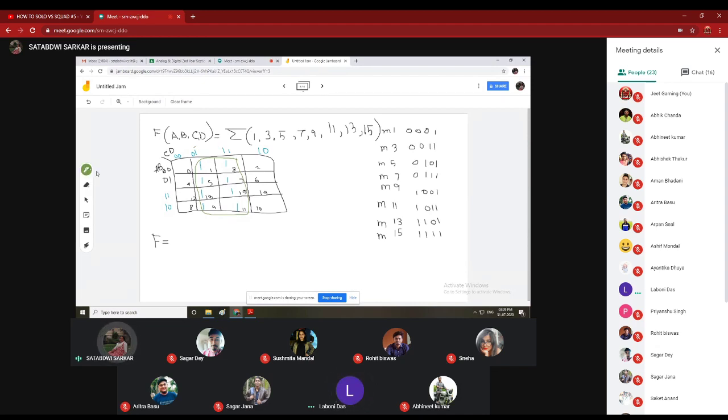D is not changing, but C is changing. And here all values are changing. Yes, ma'am, all values are changing. So we will only get D. Okay, so it is the minimized form.